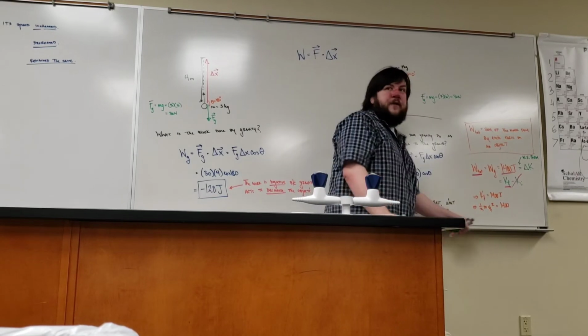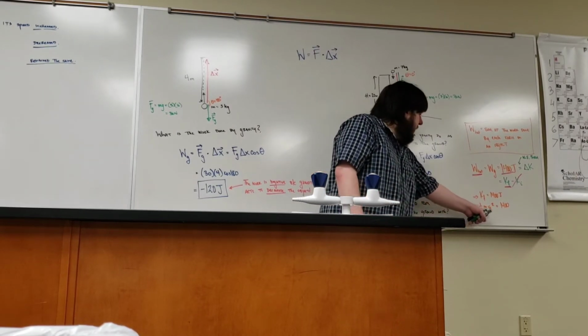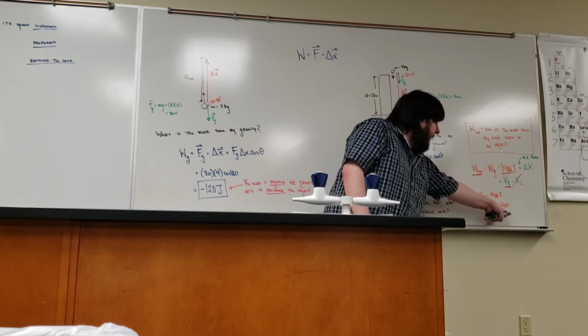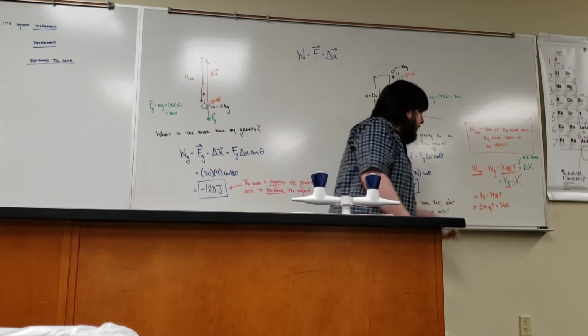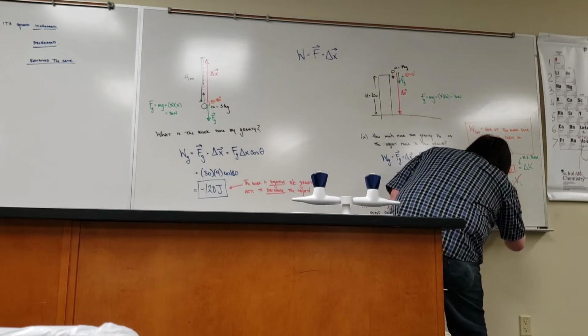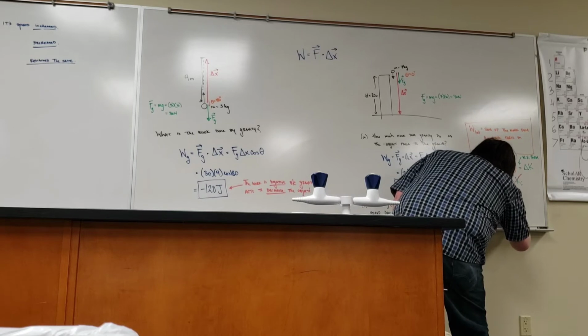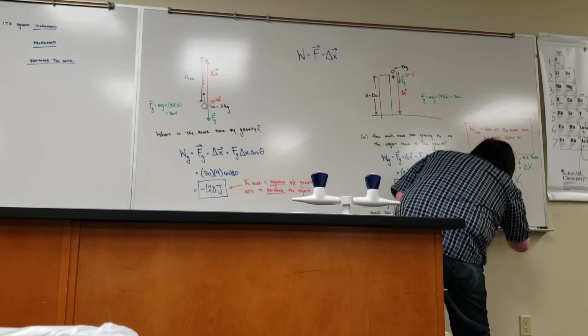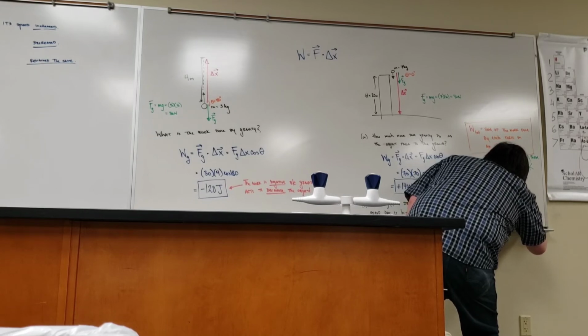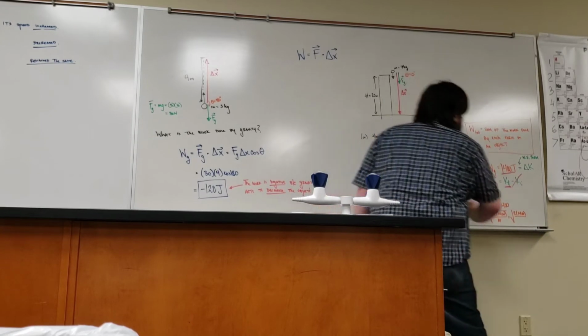If you solve this formula, you multiply the 2 up, divide by the m, that gives you v squared, and so you take the square root. So v final is the square root of 2 times 1400 divided by the mass, which was 7.